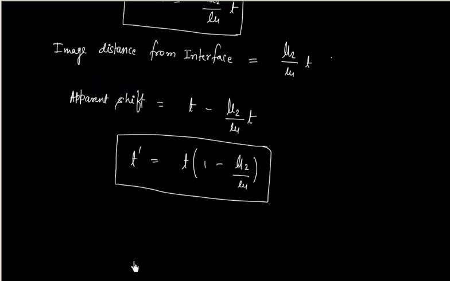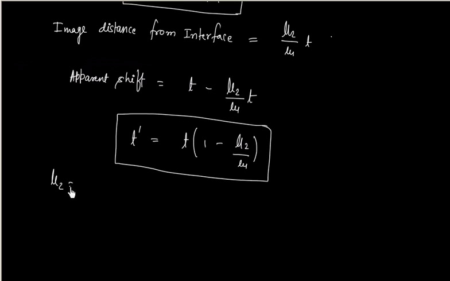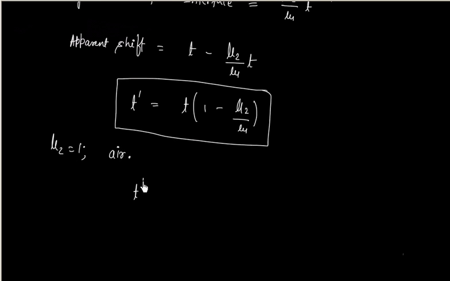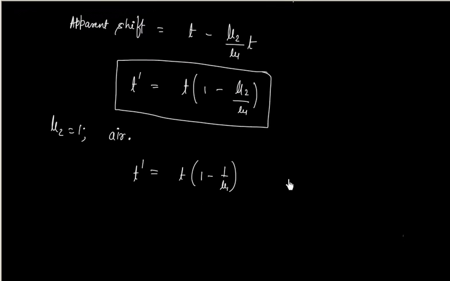In the special case when mu2 is 1, that is air, the apparent shift is 1 minus 1 by mu1, and if mu1 is equal to mu, then the apparent shift is 1 minus 1 by mu.